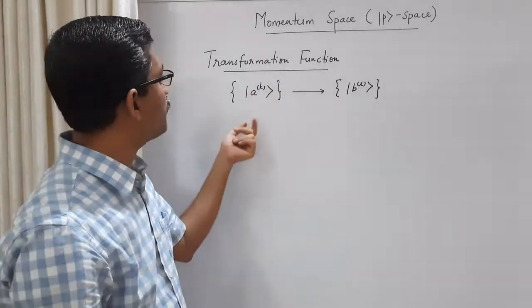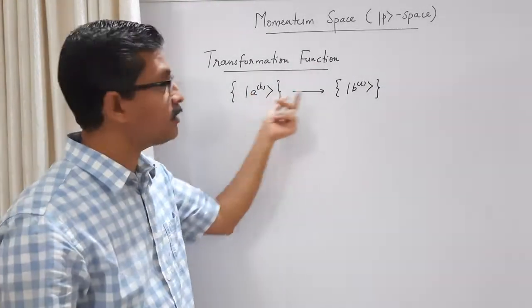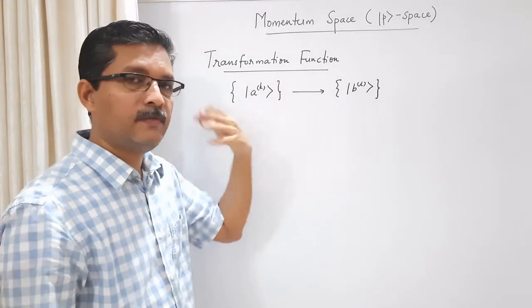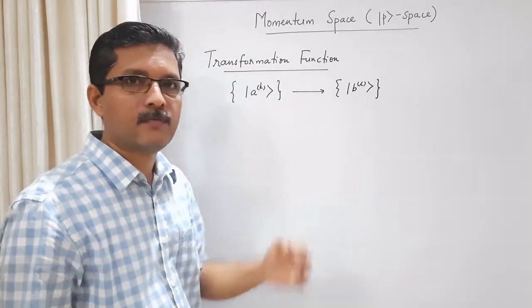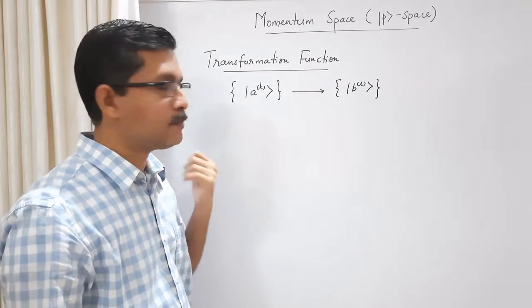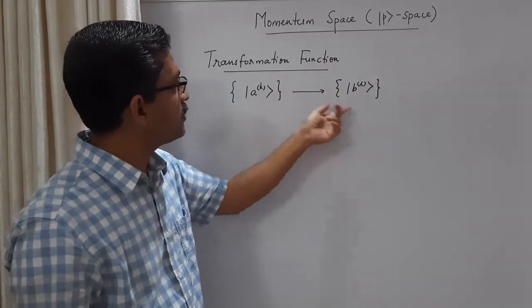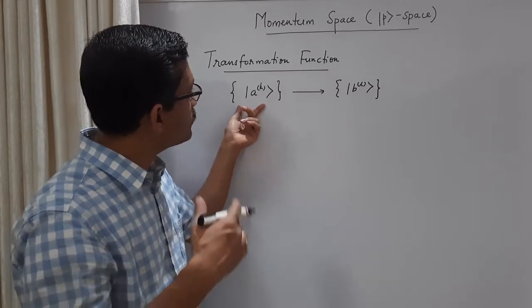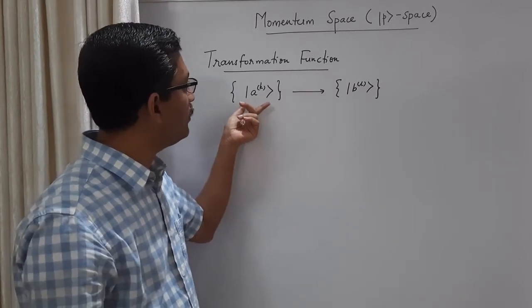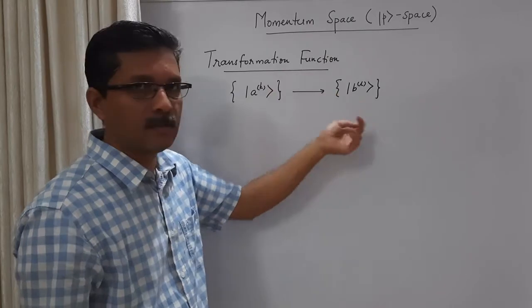Since these are Hermitian operators, this is a complete set and this is also a complete set. So if it is a complete set, it can be a basis set for a vector space. We have one basis set, we have another basis set. How do we produce the change of basis from one basis set to another?